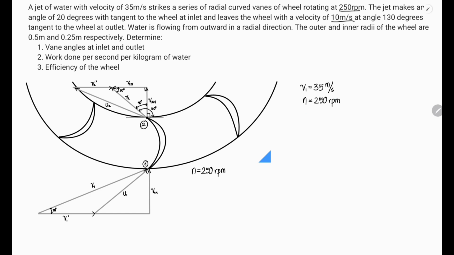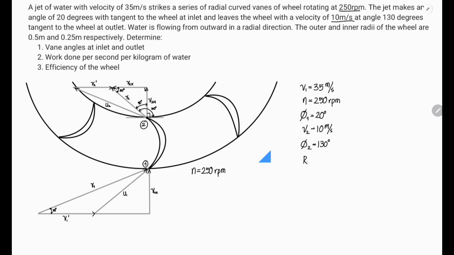So ang angle ng ating jet at point 1 is equal to 20 degrees and leaves the wheel with a velocity of V2 is 10 meters per second at an angle 130 degrees. Outer and inner radii of the wheel are 0.5.